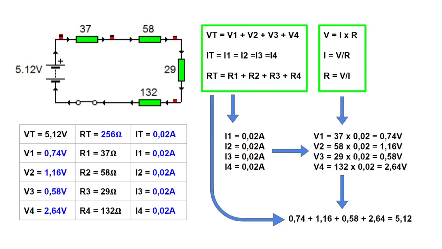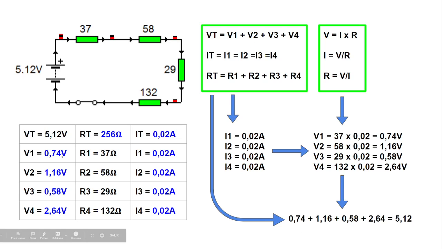But if we want to make sure that we haven't made any mistakes, we can look again at the formulas of the series circuit, the formulas for the voltage, and we see that the total voltage is equal to the addition of all the voltages.